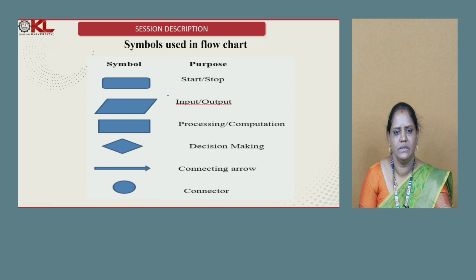To represent the selection and iterative statements in a flowchart, we use the rhombus symbol, and arrows are used to represent the data flow. A circle is used as a connector in a flowchart. So these are the basic symbols we use in a regular flowchart, and a flowchart is nothing but a pictorial representation of an algorithm, used for better understanding of your procedure.